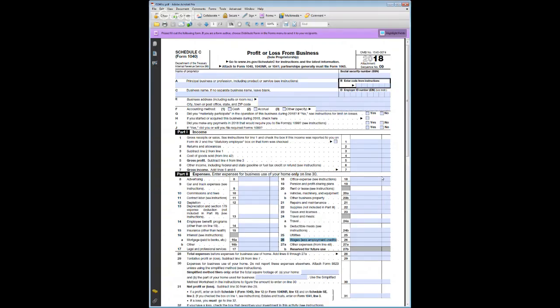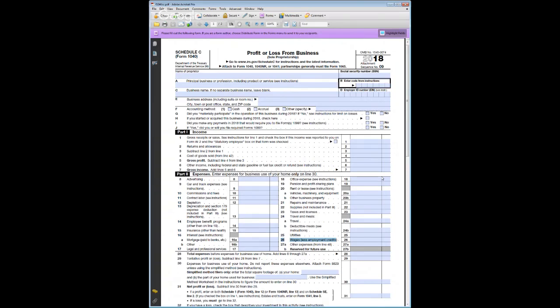How do you pay income tax on that? Because when you take a draw, it doesn't show up anywhere as an expense, so it's not being deducted from the net income of the business.